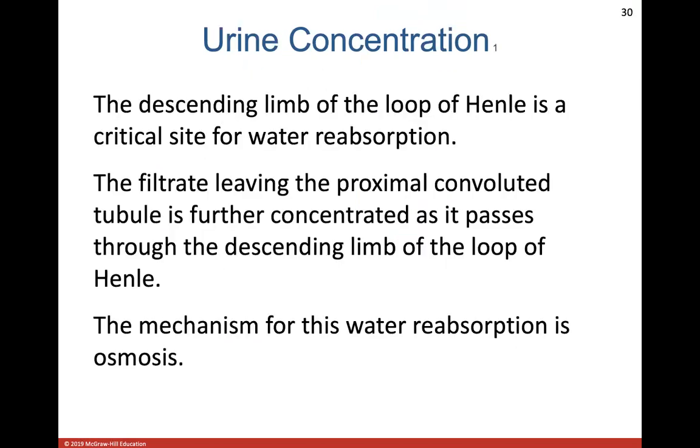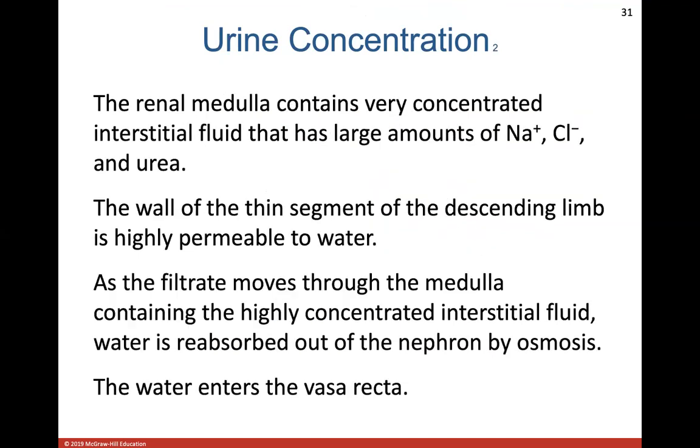Then urine concentration occurs in the descending limb of the loop of Henle, and this is where water is reabsorbed, so that when water is reabsorbed back into the bloodstream, the filtrate will become more concentrated. The mechanism for this water reabsorption is osmosis.